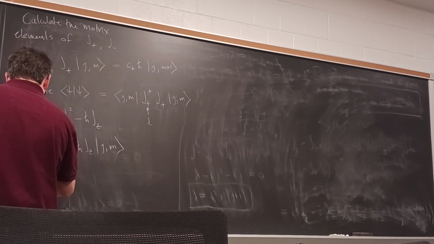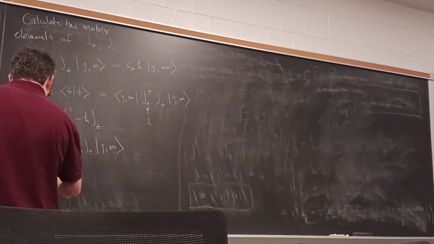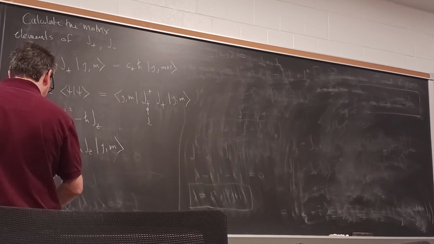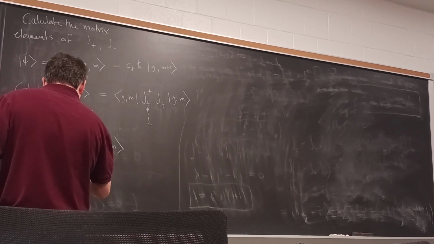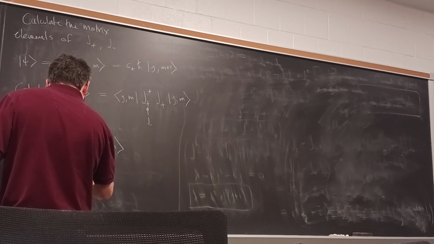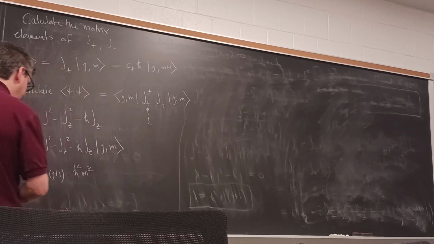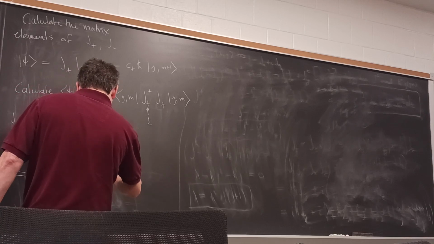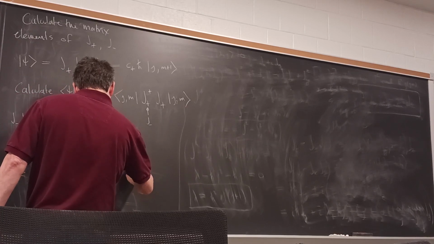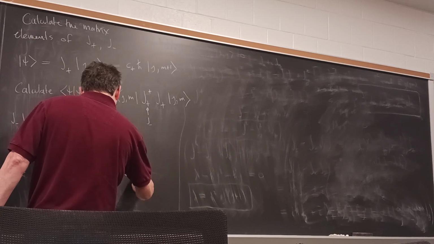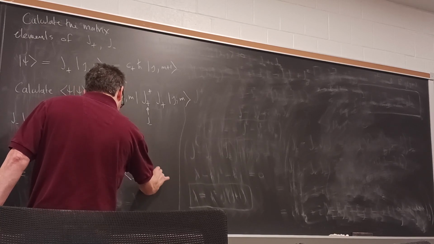This will be equal to h bar squared J plus one, minus Jz squared will be h bar squared m squared, and then this will be minus h bar squared m, right, and then this will be Jm.